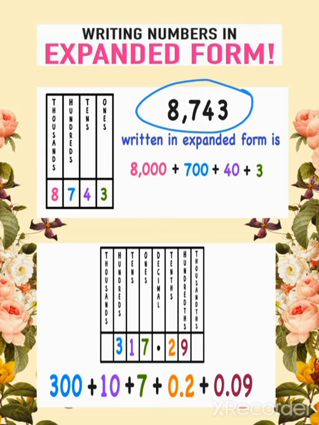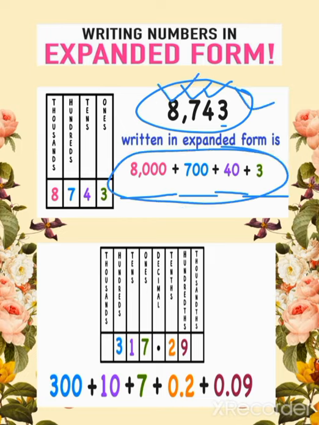It will be 8000 plus 700 plus 40 plus 3, because we know the place values: this is our units place, this is our tens place, this is hundreds, and this is thousands. So this will be the expanded form for this number. But if our number is a decimal number, how will we write the expanded form? Let us discuss that.